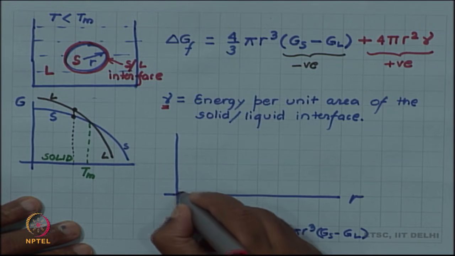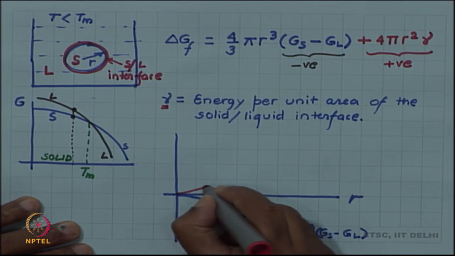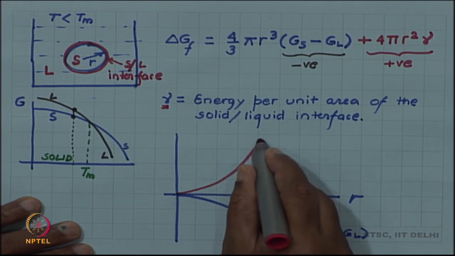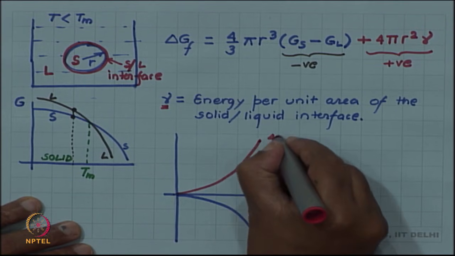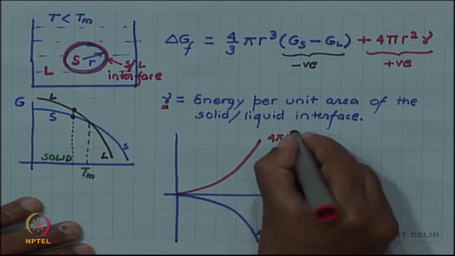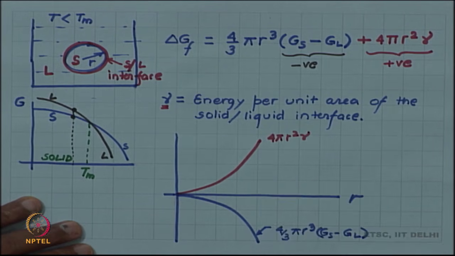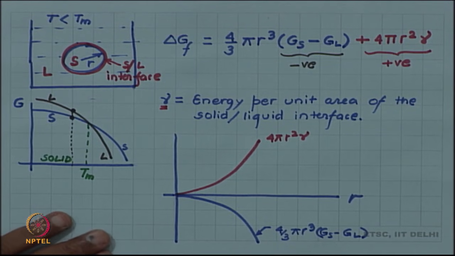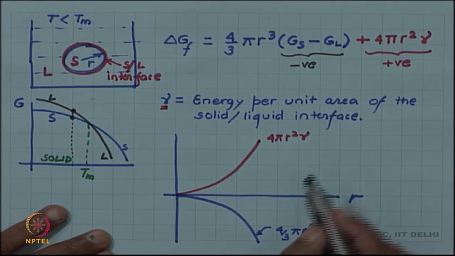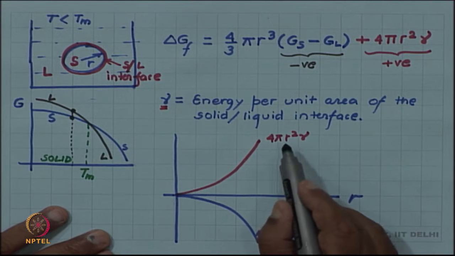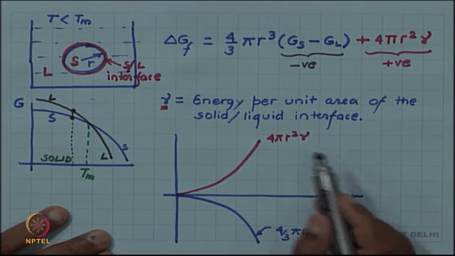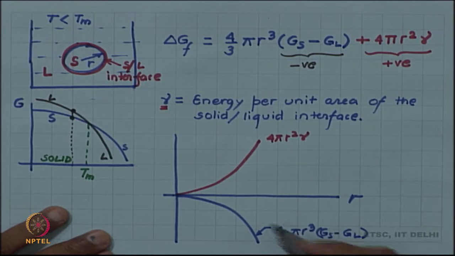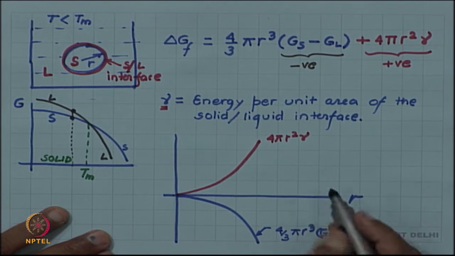So, this will be positive and this will be going up. And if we add these two terms, then you can see that initially for a small r, r square term is dominant, but for large r, r cube becomes dominant.